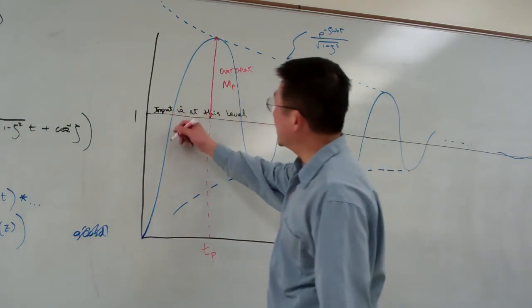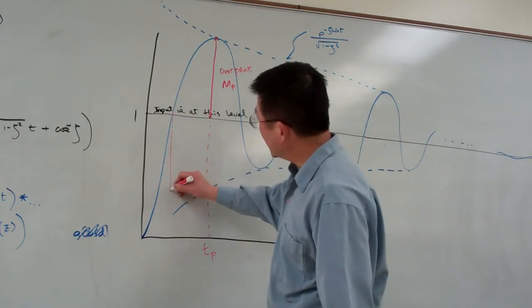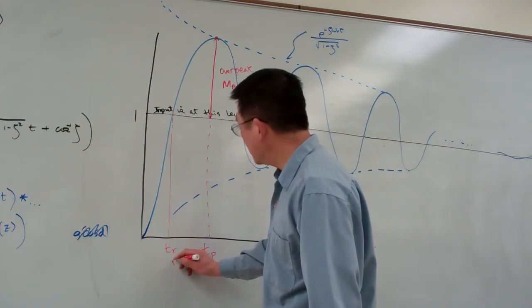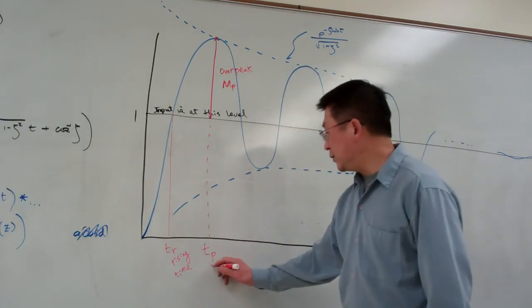That means when the system first hits the value of the input, then we call it TR. The R means rising. Rising time. And TP is called the peak time.